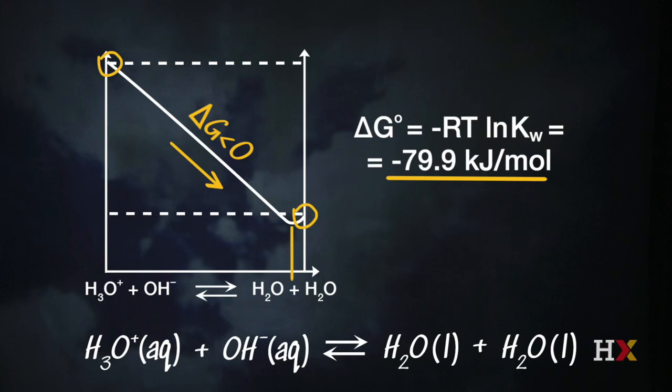But that equilibrium position is shifted all the way to the right, almost all the way, because delta G under standard conditions in this case is equal to minus 79.9 kilojoules. It's this reaction that on the face of it looks like a reaction that's not terribly important because it's shifted so far toward pure water.